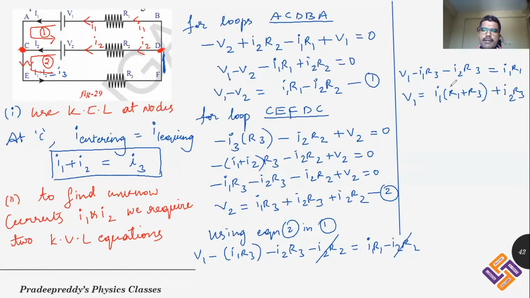This is the equation for V1. So V1 value we have got, V2 value we have got, and if the batteries and the resistors are given to you in the circuit, you can find the values of I1 and I2 currents by solving equation 1 and equation 2.